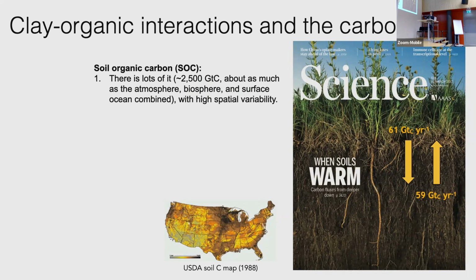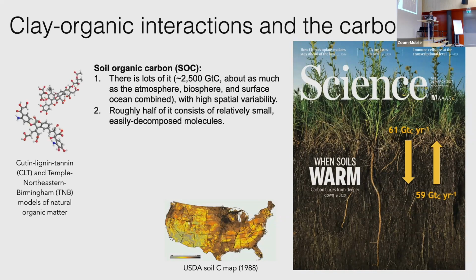Right? The flux of carbon being pumped into soils by plants should increase as the PCO2 in the atmosphere increases. And the flux of carbon being respired by microorganisms and released back to the atmosphere should also increase as the soils get warmer. Historically, it's been thought that a lot of this carbon consisted of large macromolecules that somehow became recalcitrant to degradation.